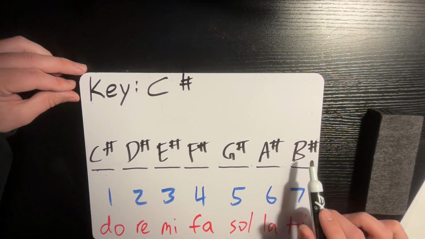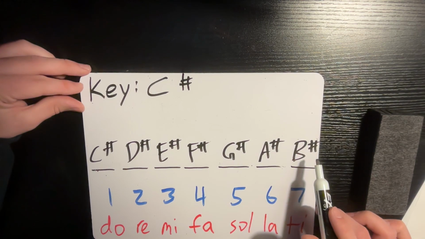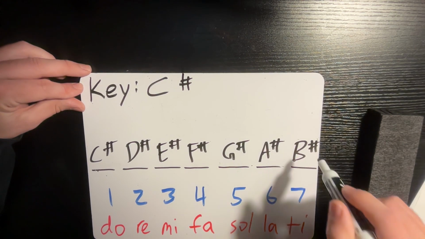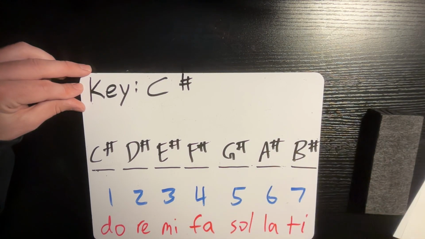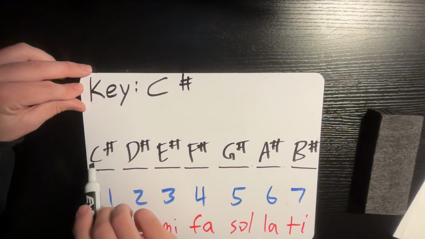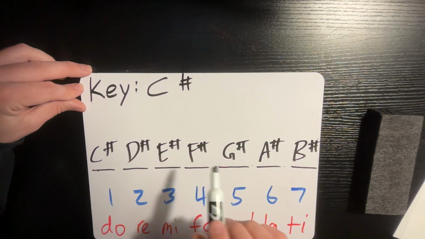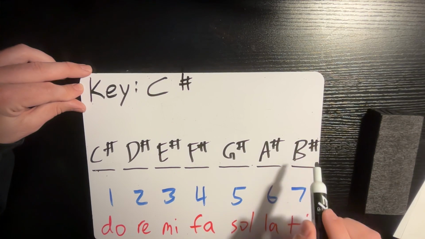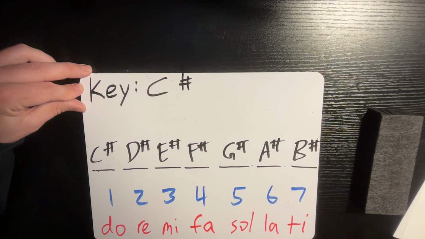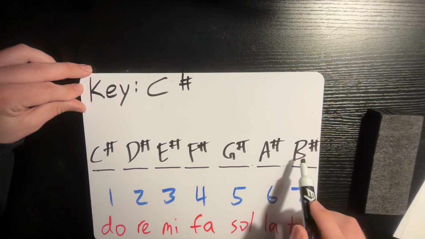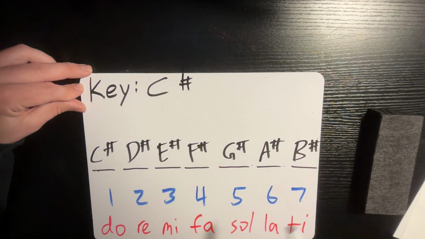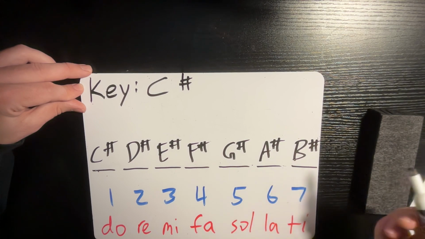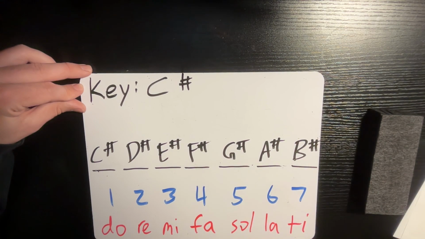B sharp on the piano keyboard is normally the key that we use to play the note C, but again, we already have a C in the scale, so we can't have another one, even though that's the same key on the keyboard as C. And we can't leave out B, so we have to call this final seventh note in the key of C sharp B sharp, even though it is the same key as C natural on the keyboard.